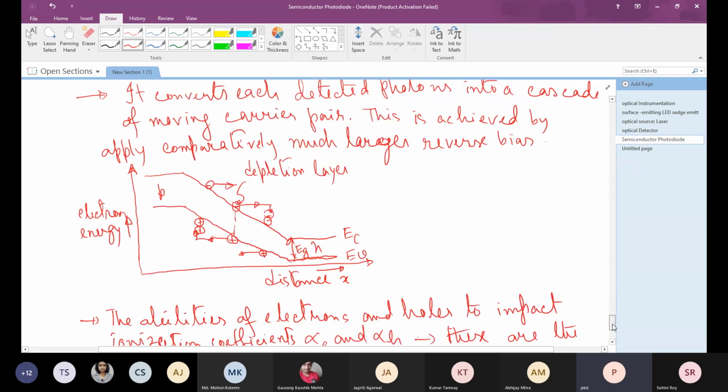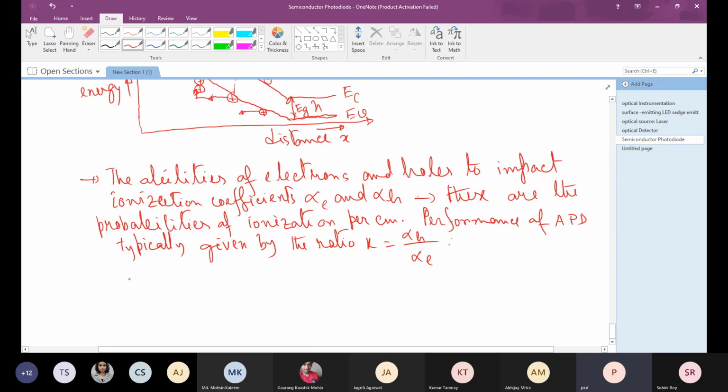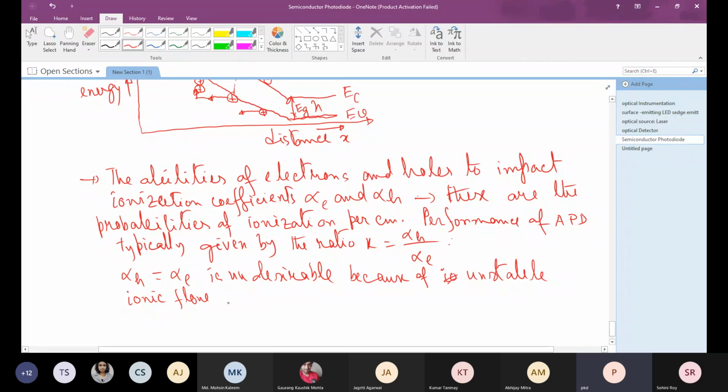Therefore, alpha H equal to alpha E is undesirable, because of unstable ionic flow and local current loop.